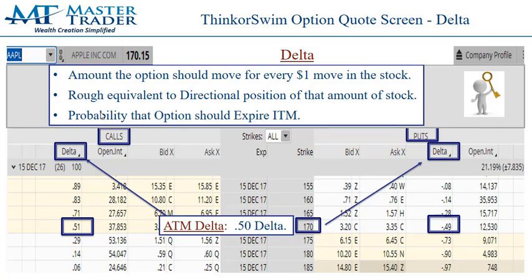The final way that we use delta is the probability that the option should expire in the money. In Module 3 on selling bull put credit spreads, we're going to be selling out of the money puts, and the deltas are typically going to be 0.30 or smaller. Again, we'll get to that later. But that means, so this 160 put, for example, statistically only has a 14% chance of expiring in the money.